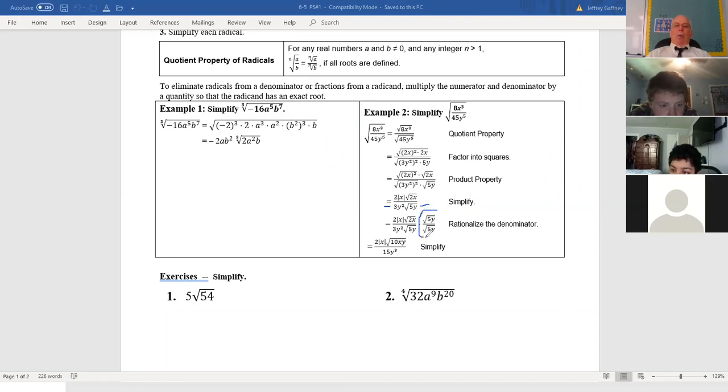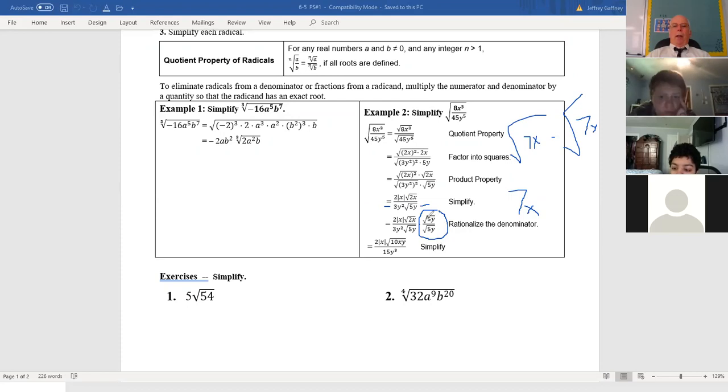So we're going to multiply the numerator and the denominator both by what's under the radical in the denominator, 5y. Remember, if I've got the square root of 7x and I multiply it times the square root of 7x, I get 7x, which is 7x squared simplified. So that's why you're multiplying it by itself, in terms of the denominator.